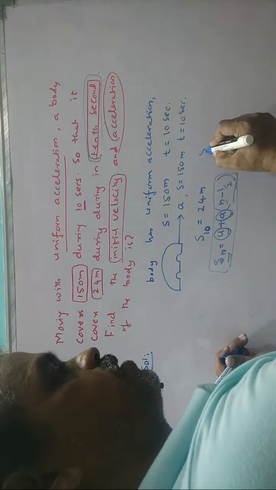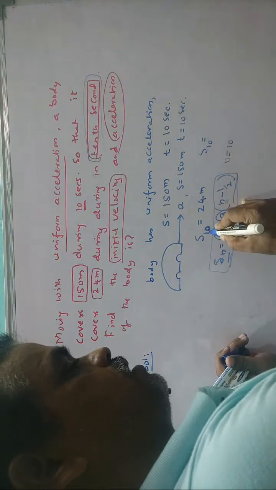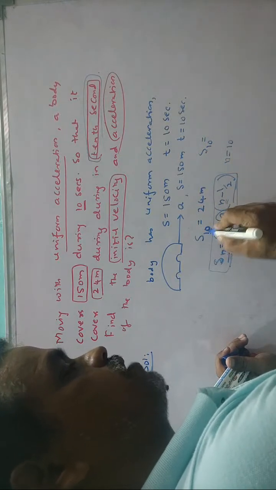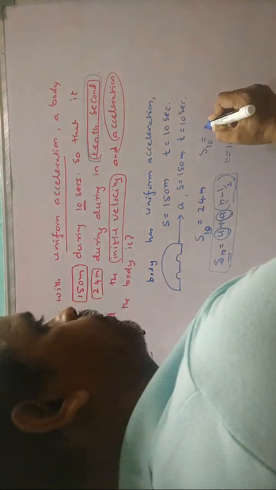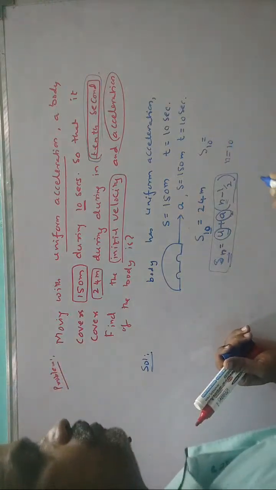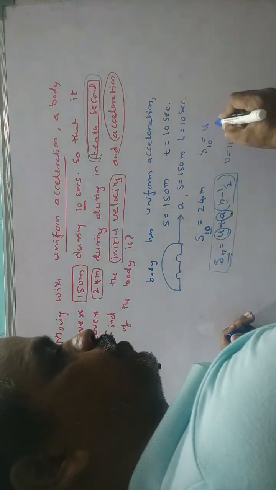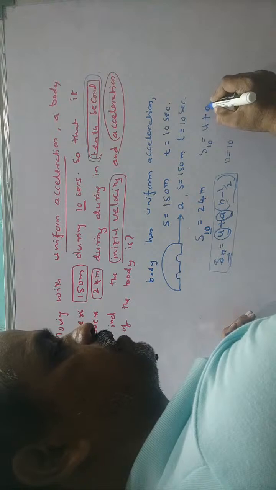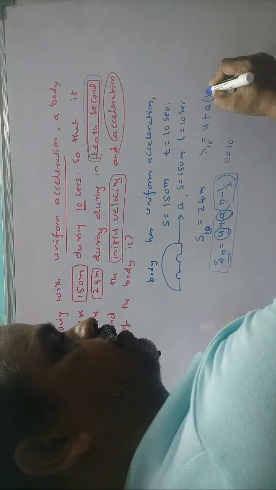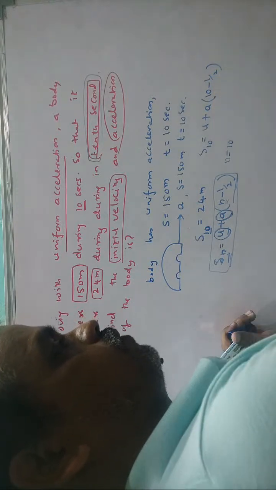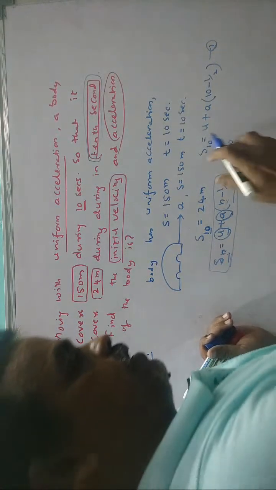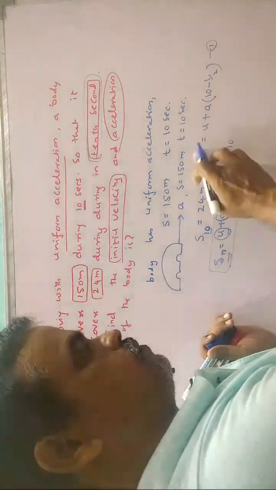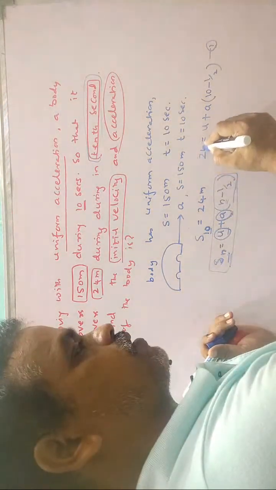So I am substituting now. Instead of n I substituted 10, that is equal to u, we don't know, u plus a into n equal to 10 minus half. So this is equation 1. Here S10 is nothing but 24 meters.